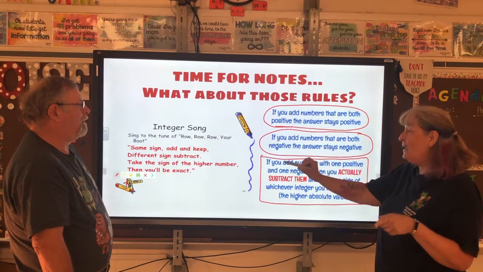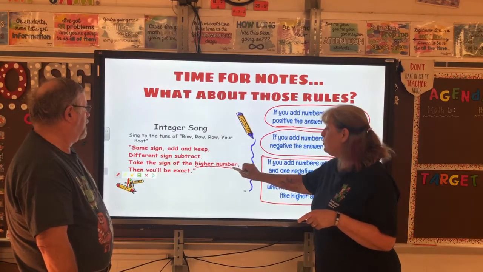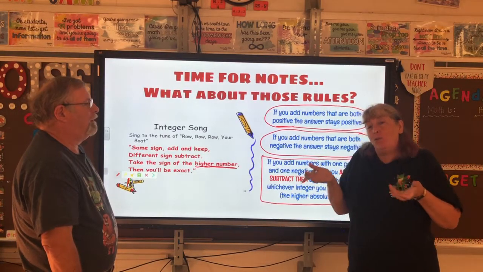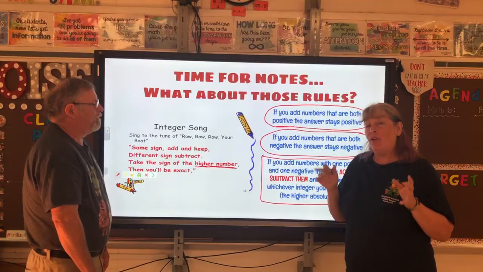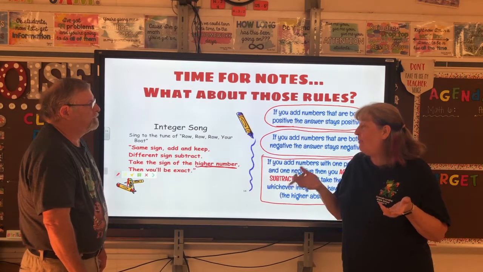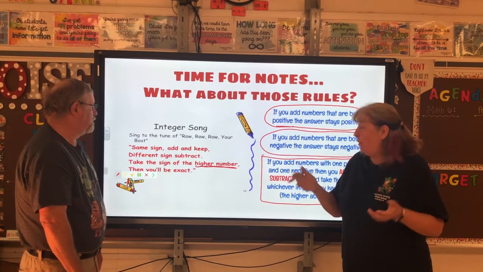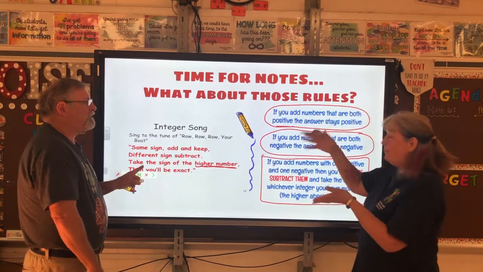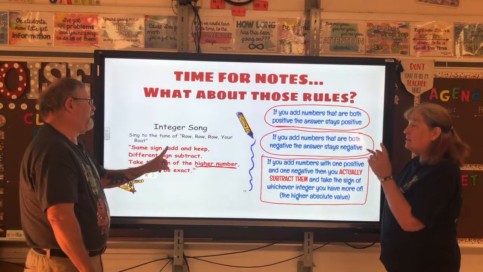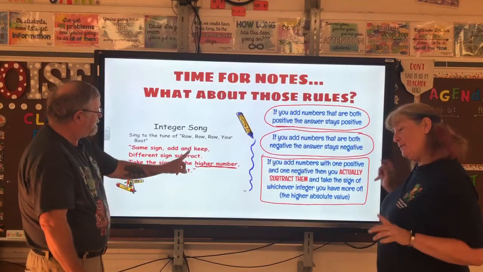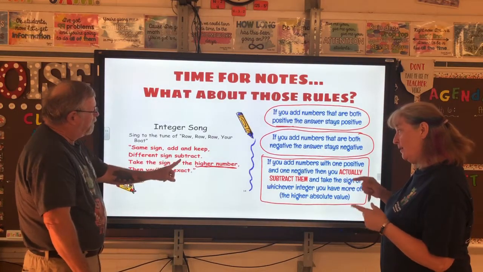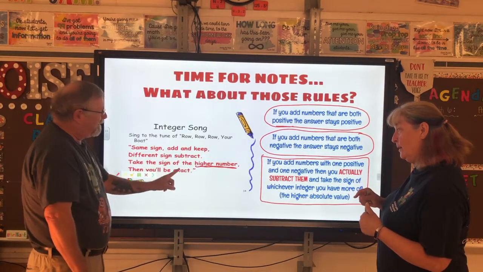And when it says take the sign of the higher number, like on the scoreboard, that's the team that was winning. So this basically says same sign, add and keep, different sign, subtract. Take the sign of the higher number, then you'll be exact.